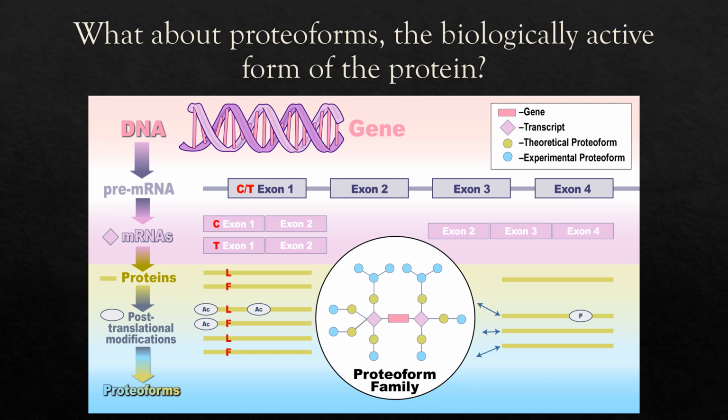We also came up with the concept of the proteoform family, which is all of the different proteoforms stemming from a single gene. These would include different splice variants, different amino acid substitutions, different PTMs, and so forth.